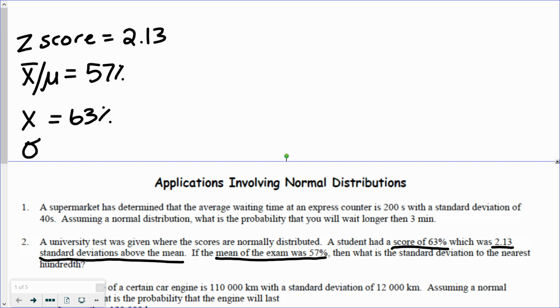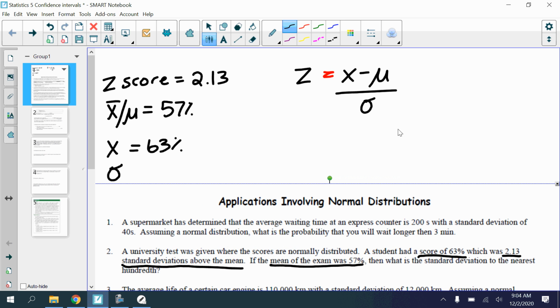For that formula, if you're in your booklet, you can flip over and just above the really big chart, there is a formula that says Z equals x minus mu, which is your mean, divided by standard deviation. What we're looking for in this question is our standard deviation.